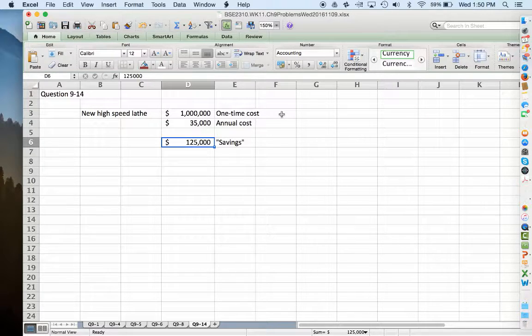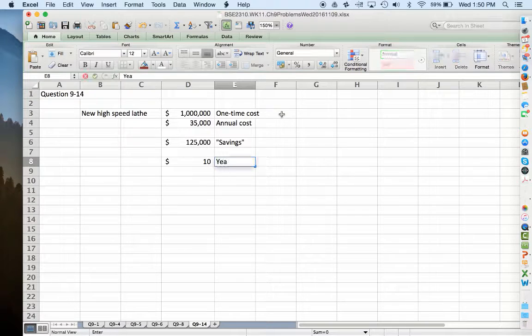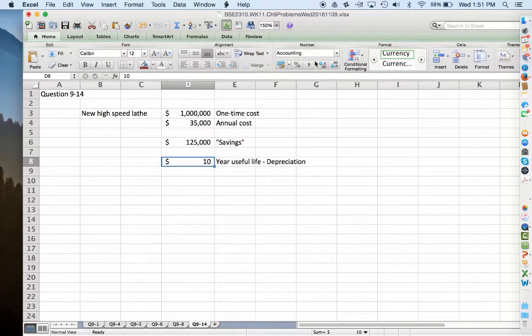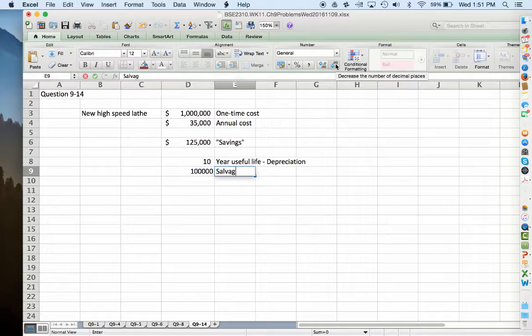It has a 10-year useful life. I need this for the depreciation. And not $10, it's 10 years. And it will have a $100,000 salvage value at the end, which is kind of what I could sell it for in a garage sale. That's how to think about salvage value. And that's $100,000.